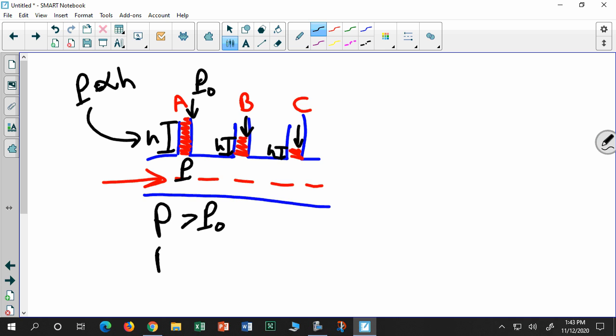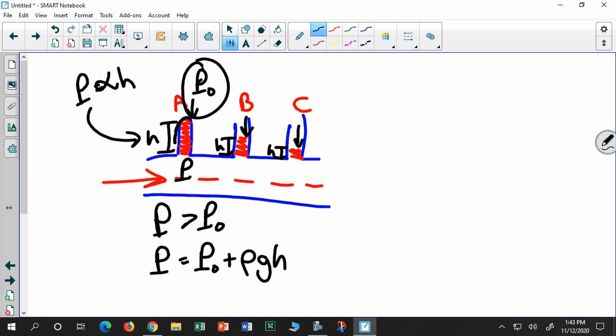In fact, if I were to calculate P, it would equal P naught plus rho times g times h. Because I have the atmospheric pressure pushing down, and then I have this additional pressure due to the weight of that liquid. I hear what you're saying, but in this case, P is bigger than P naught.